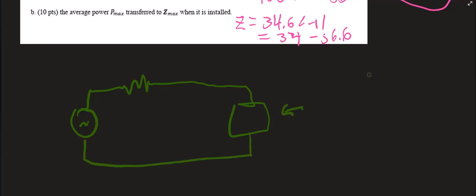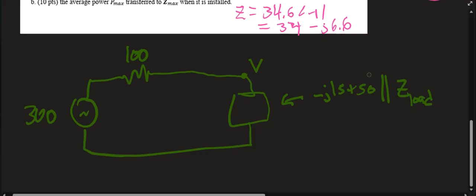This impedance is made up of the parallel of minus J15 plus 50 in parallel with our Z load. And this is just another resistor up here, and this was 300. So we can find our voltage by doing voltage division to find the V right there.